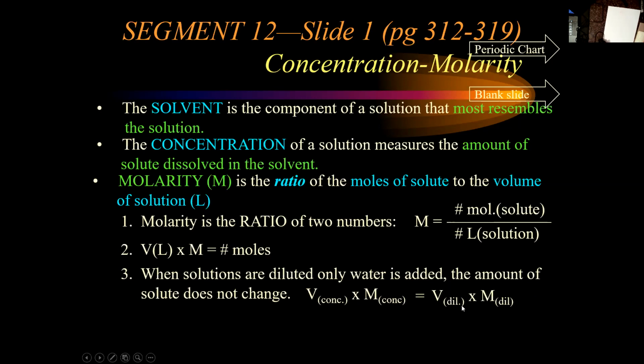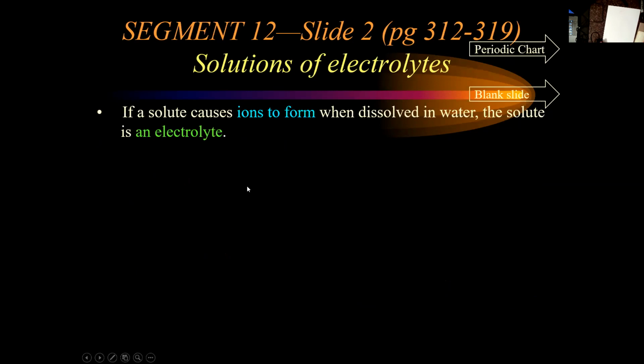So this is a relationship we use a lot of times when we want to dilute solutions and get a new molarity. Since volume times molarity is moles of solute, that didn't change when you put water in it. So that's why this relationship works.